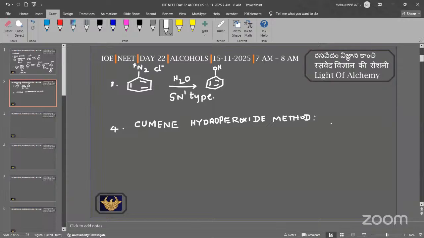See, this method is the industrial method for the preparation of phenol. Now, what is cumene? Cumene is isopropyl benzene, with CH3, CH3.